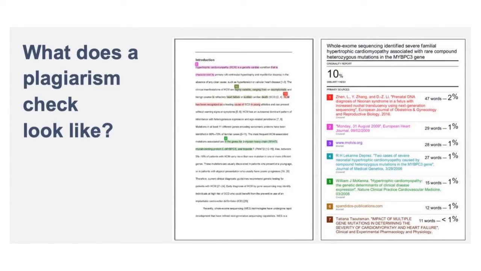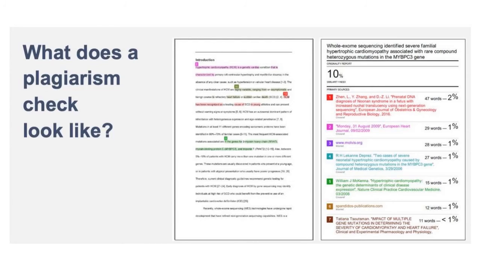Here's what a plagiarism check looks like. You can see that the software scans through all the text. It compares the text online with a number of online databases, Web of Science, Scopus, those kinds of places, and it finds the references that the text comes from, and it gives a score, an originality score in each case. So this paper is okay because you can see the originality score is 10%.